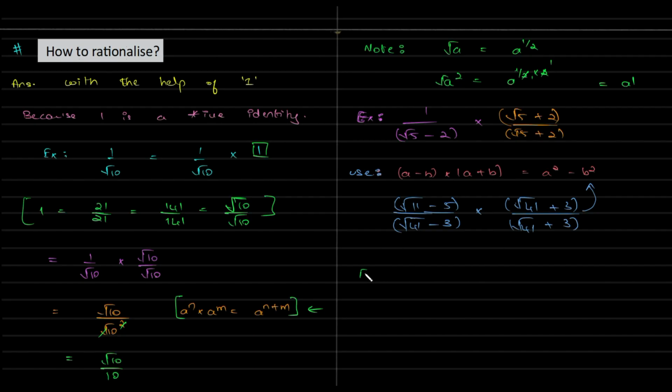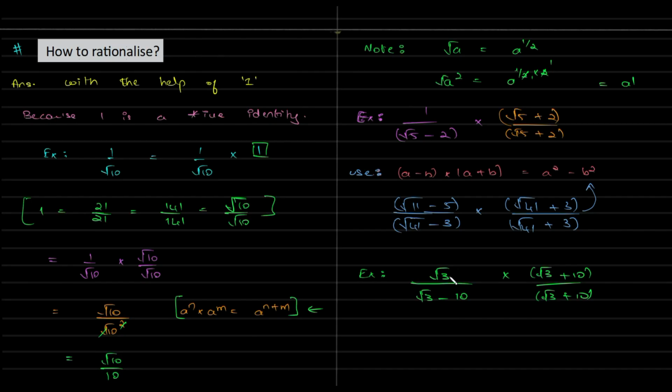Let me give one more example. Root of 11 minus root of 6 divided by root of 3 minus 10. All you have to do is multiply by root 3 plus 10 divided by root 3 plus 10. Again, your numerator can be anything, like say only root 11 is there, or root 3 itself is there.